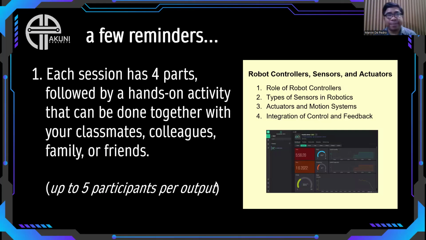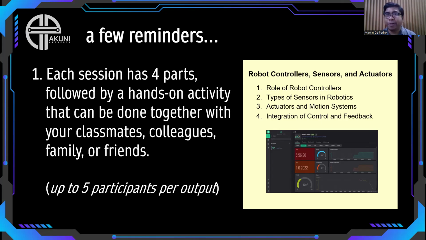Okay, so now we have a few reminders. I tried to make this very quick, as we already had a more detailed one last session, right? So this will just be a quick recap. First, each session has 4 parts, followed by a hands-on activity that can be done together with your classmates, colleagues, family, or friends.